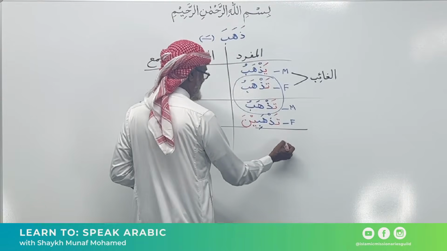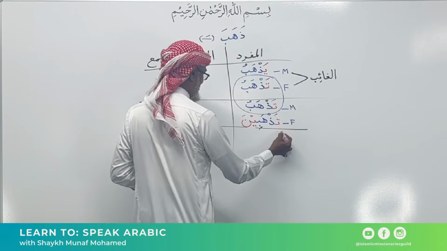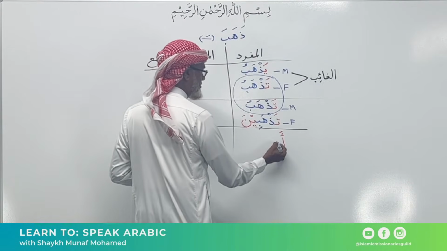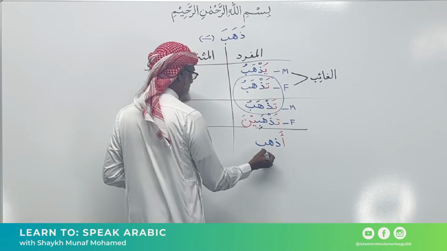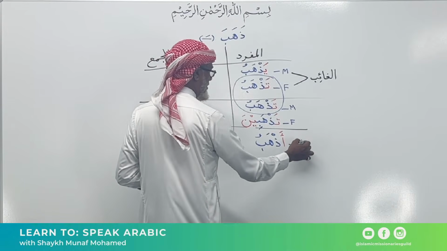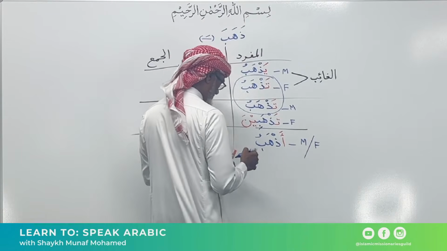And then for the first person, you add an alif with a fatha. So these are the additional letters that you have to add. So adhhabu. This is the speaker, which could either be a male person or a female.